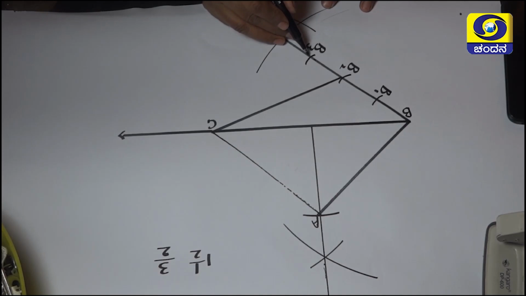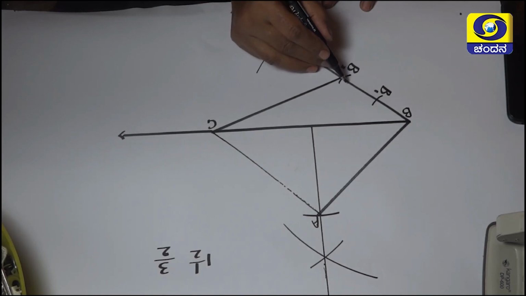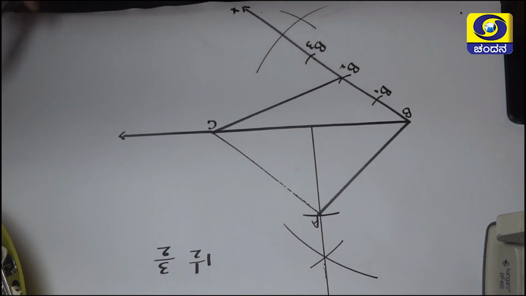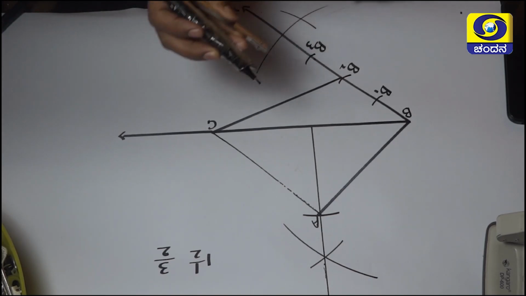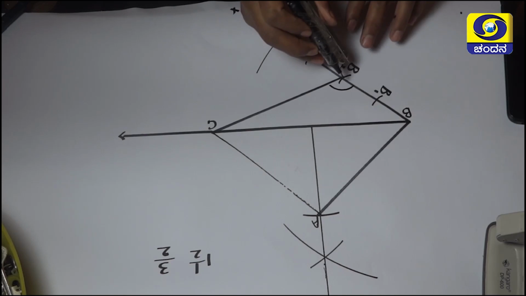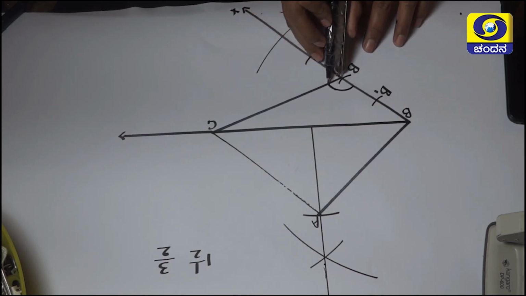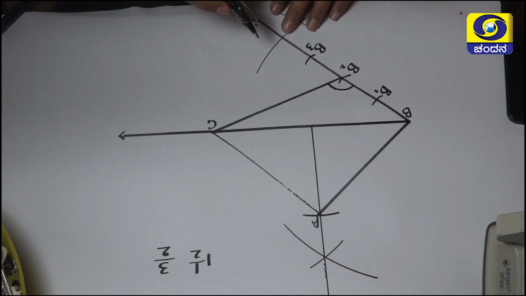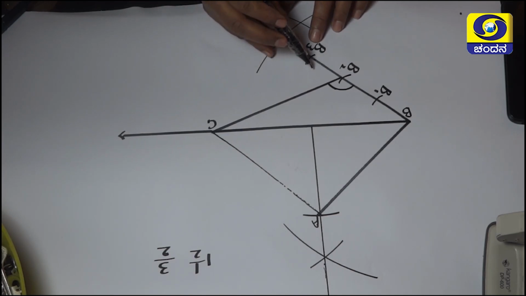Now to join this point B3, we have to copy the angle from the angle formed at point B2. To copy the angle, let us take a convenient arc like this. Copy the same arc or mark at point B3.